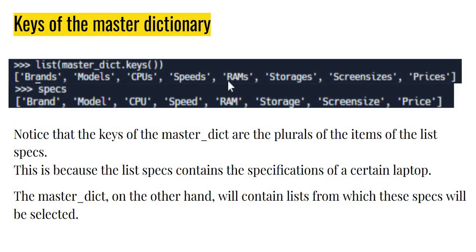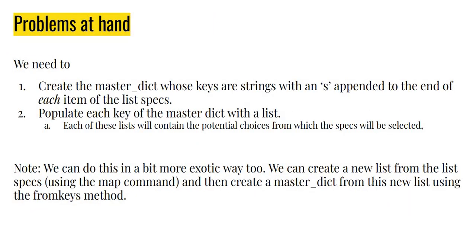RAM for every laptop will come from one of these RAMs, and so on. Given this, once this whole big picture is clear, it's actually quite nice. We are going to create a master dictionary whose keys are strings with an S appended at the end of each item of the list specs. And then we are going to populate each key of this master dictionary with a list.